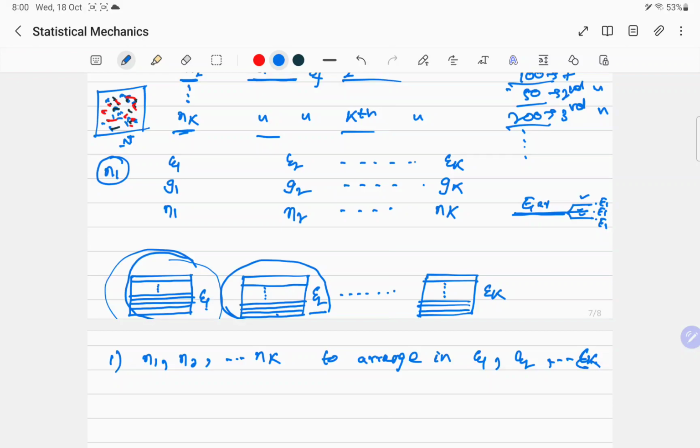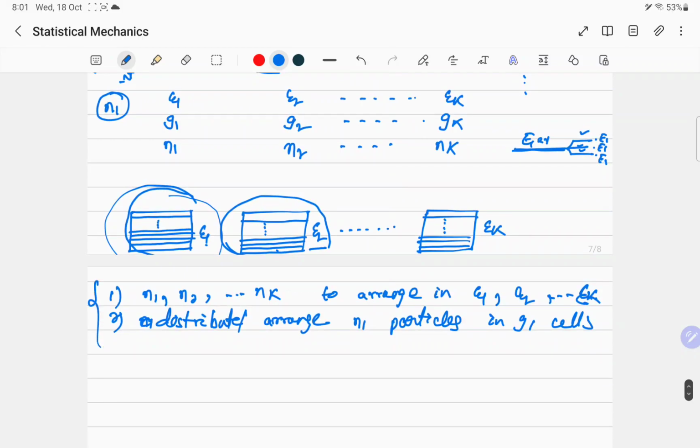Now, when that is done, I have to distribute these n1 particles in G1 cells. These are our two tasks in the Maxwell Boltzmann distribution, and the multiplication of these two will simply give our Maxwell Boltzmann distribution.